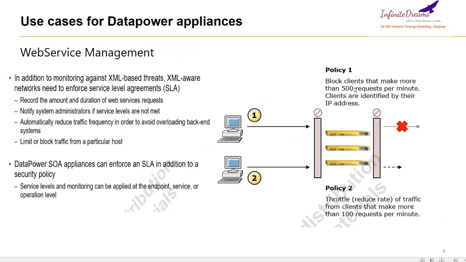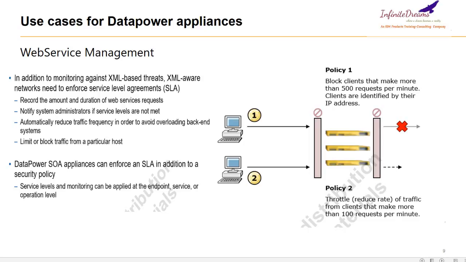Next advantage of IBM Data Power is making an SLA policy, service level agreement policy. Suppose a lot of requests are coming to the server, and we want to restrict a few requests in terms of load, in terms of some service level agreement.